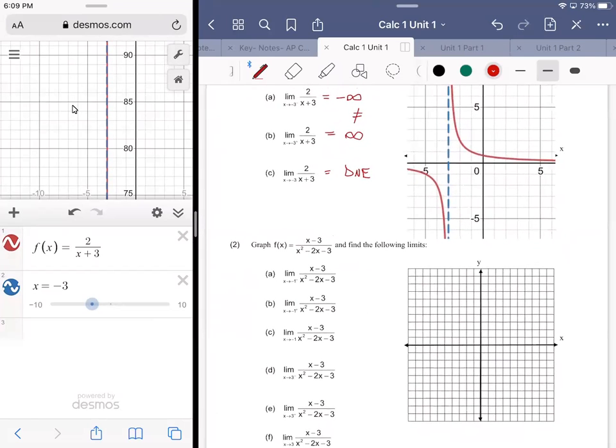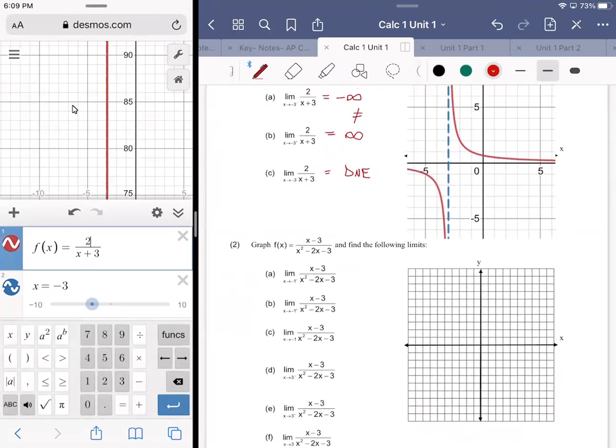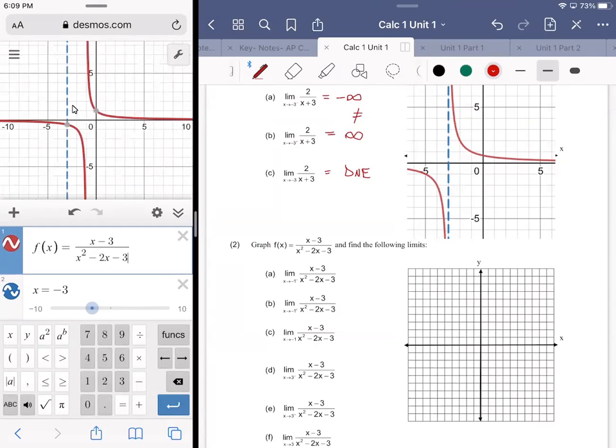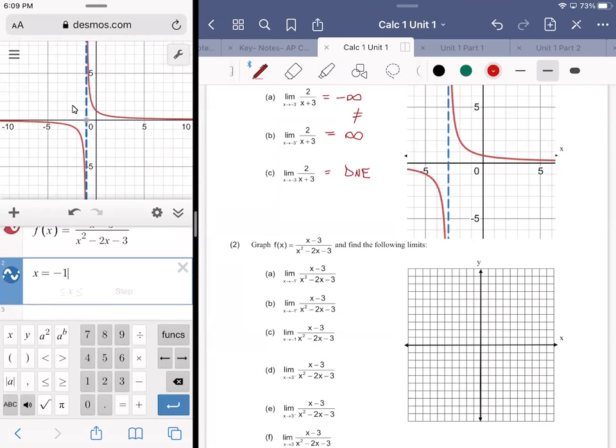All right, so I'll type in the function x minus 3 up top, then x squared minus 2x minus 3 on the bottom, back to the standard zoom. It's asking us to approach -1 from the left, from the right, and then overall.